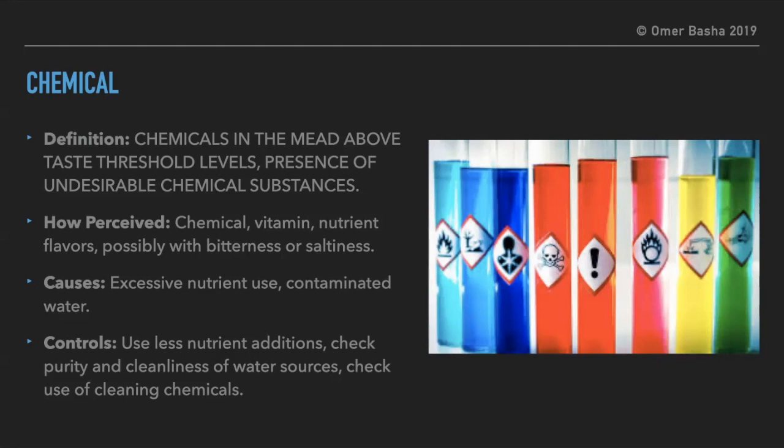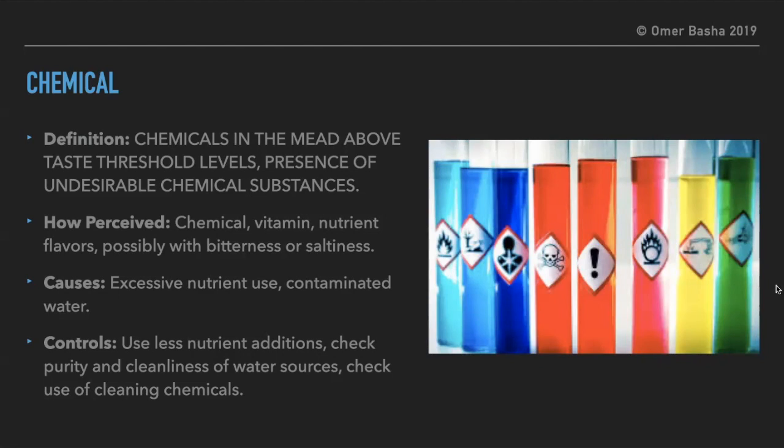It's usually caused from excess of yeast nutrients or from contaminated water. And to control it, we need to use less nutrient additions, check the purity and cleanliness of your water source, and check the use of some cleaning compounds that you may be using to clean your equipment.